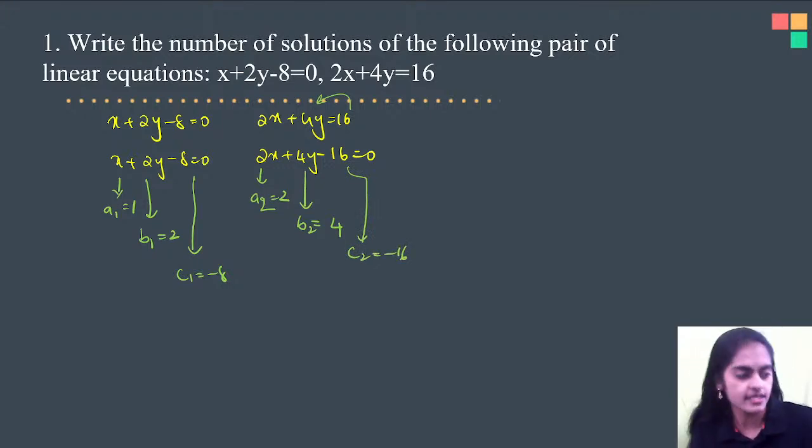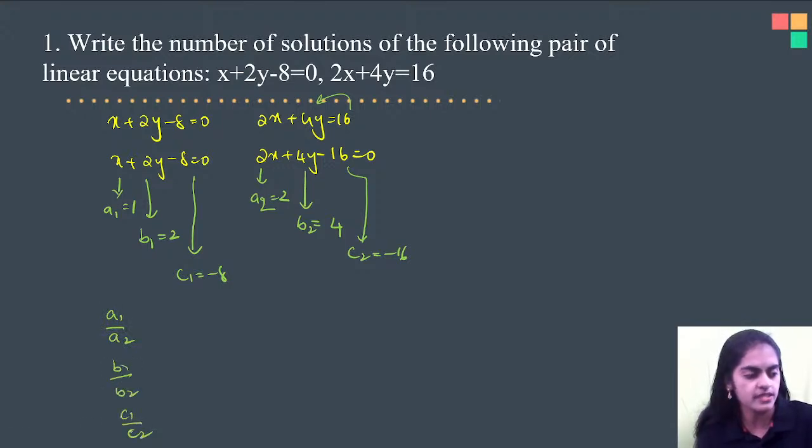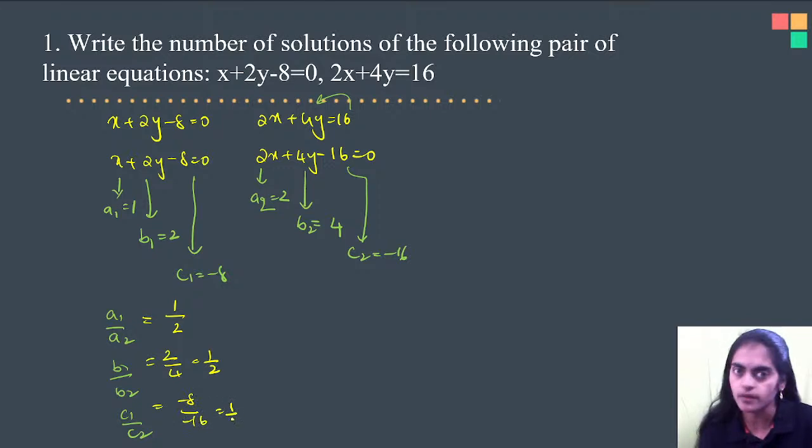After this, I'm taking the ratio of a1 by a2, then b1 by b2, then c1 by c2. a1 by a2 is 1 by 2, b1 by b2 is 2 by 4, which is also 1 by 2, and c1 by c2 is minus 8 upon minus 16, which is also 1 by 2.